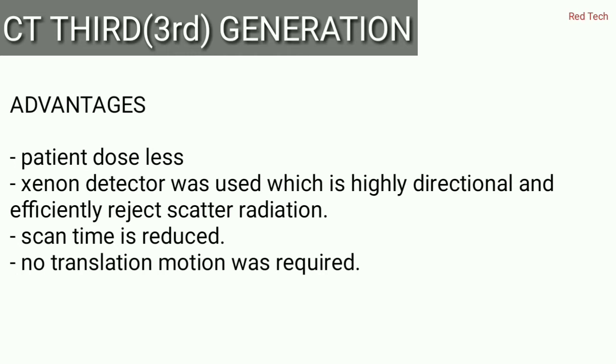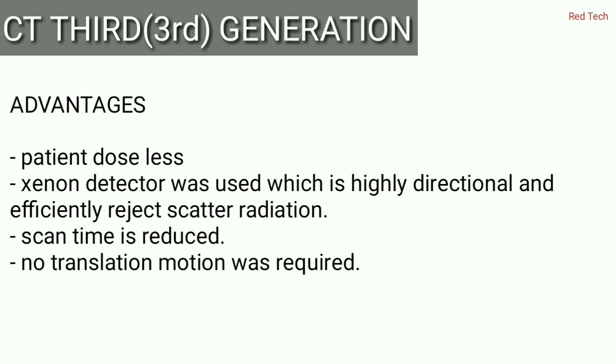And here no translation motion was required because a rotate fan beam is used, but in the previous generation we used a translate-rotate system. Here only the rotate system is used, so there is no translation motion.